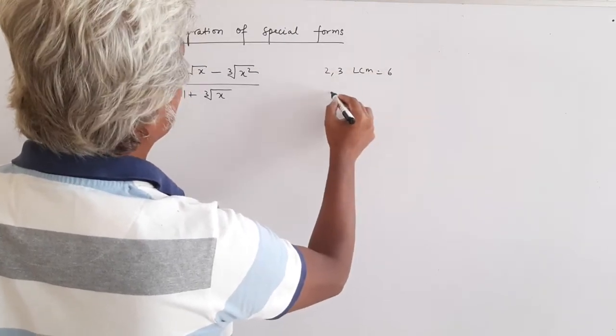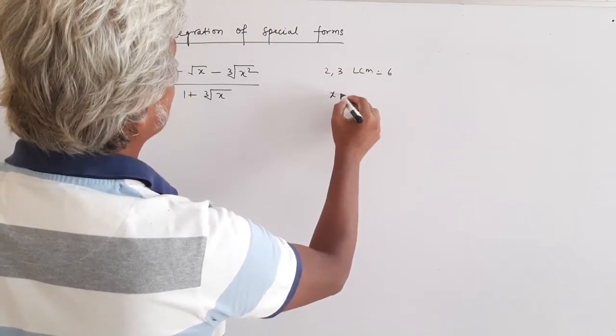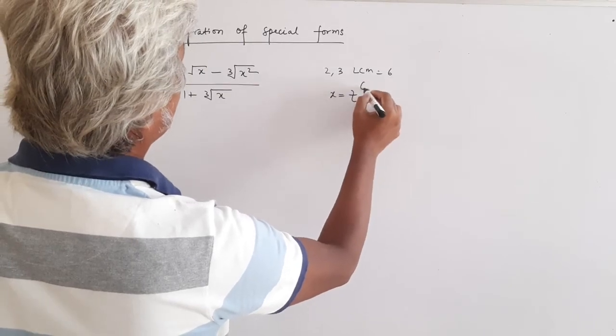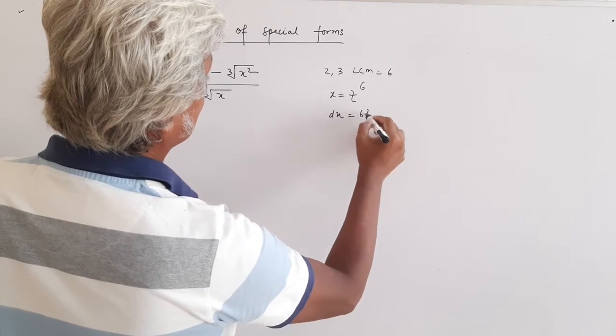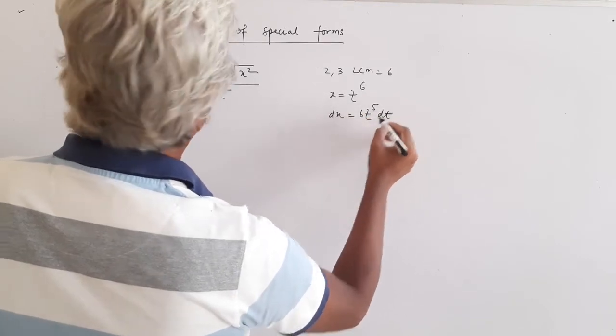So we say that let x equals t to the power 6, then dx is 6t to the power 5 dt.